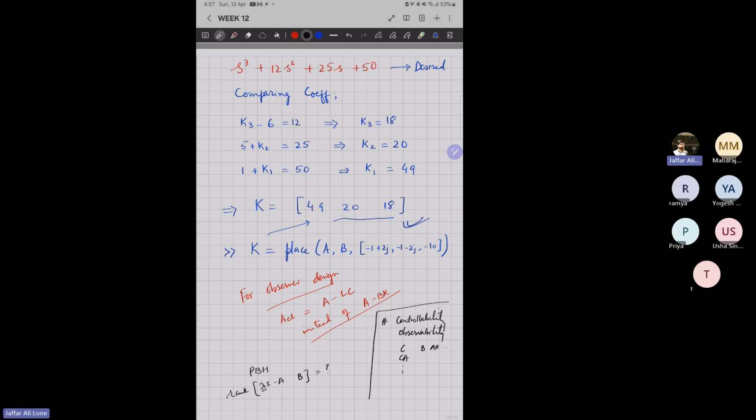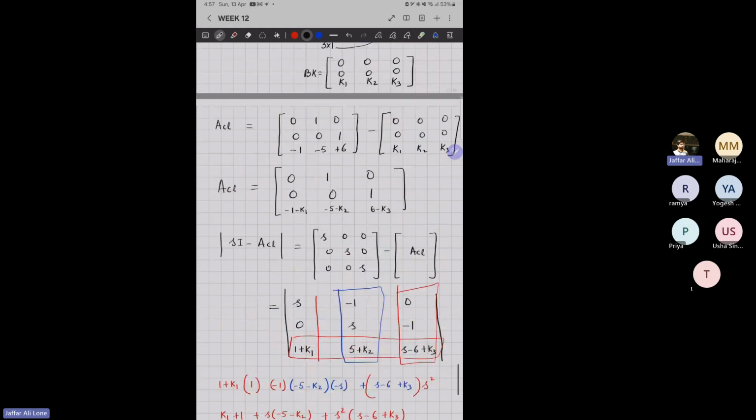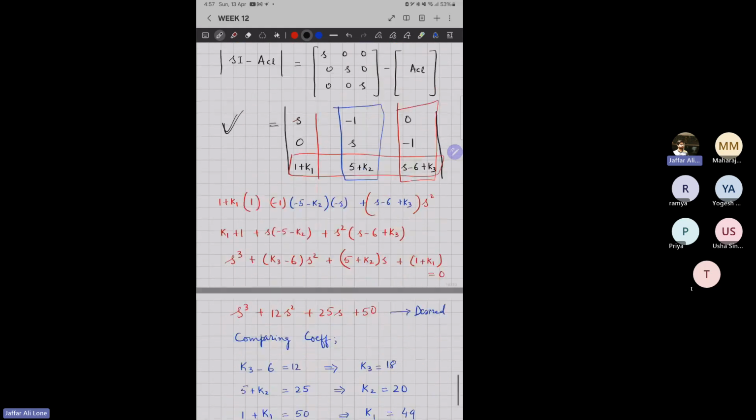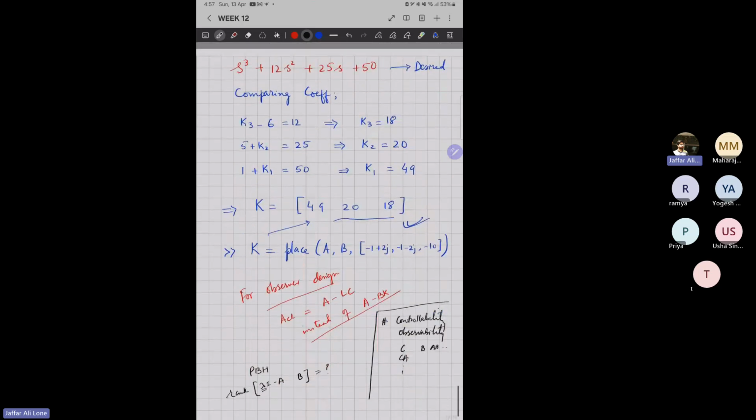In the worst case, you can use MATLAB to verify your answers. The next part is just to find the state feedback. There is one similar question which we just now did. This question is for state feedback, and another question is for observer as well as state feedback. And that's it. There is nothing difficult. I think the easiest question. There may be more calculations, but in general, that's very easy.